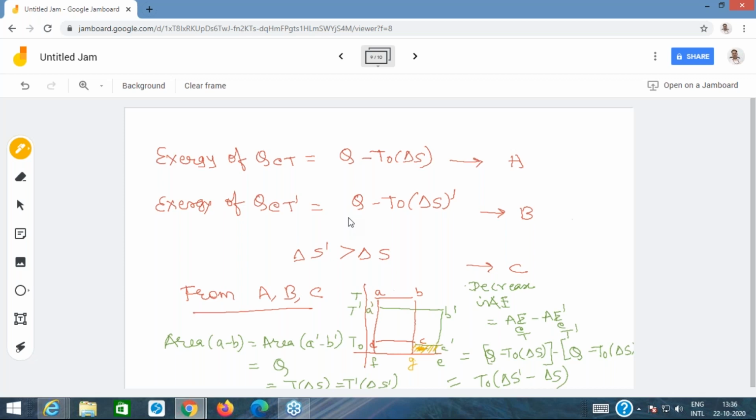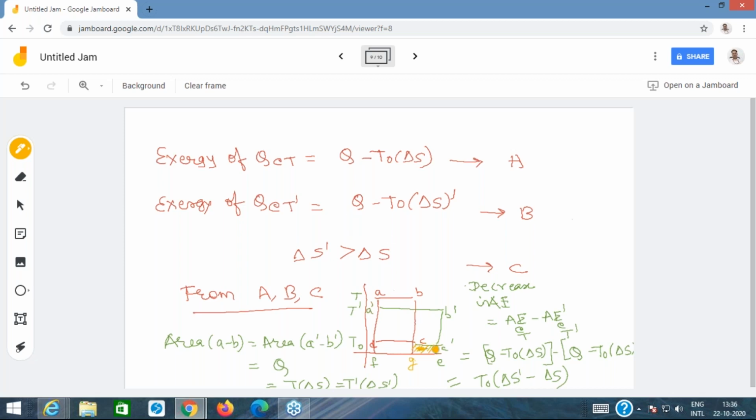It means that the hatched area which I drew represents the increase in unavailable energy or decrease in available energy because of finite temperature difference heat transfer.